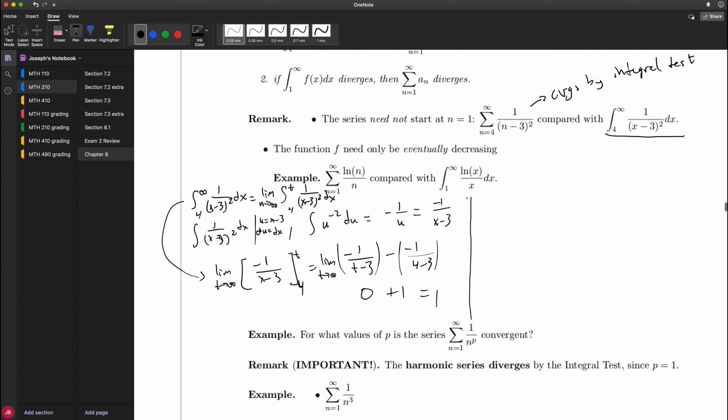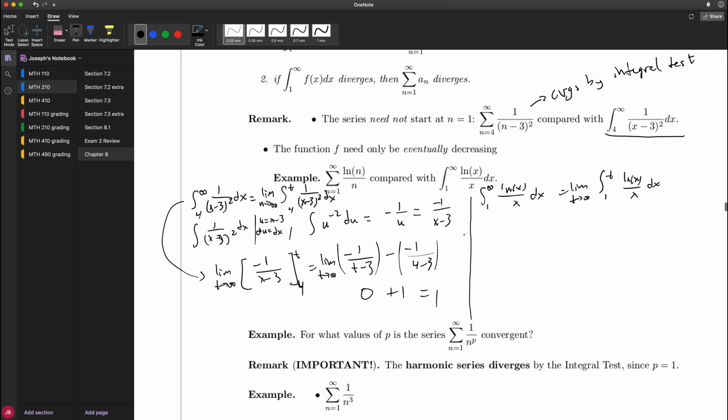But let's come to this one now. Let's check to see if this infinite series converges or diverges by checking its corresponding integral. So here we are starting with n equals 1, so we'll start with x equals 1, ln x over x dx. This is the limit as t goes to infinity, integral 1 to t, ln x over x dx.